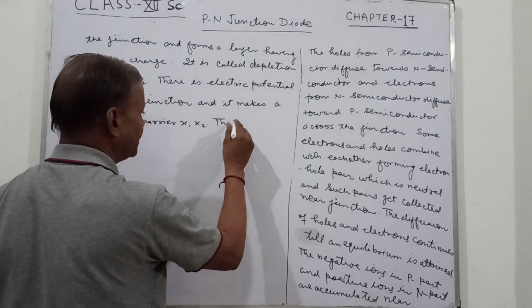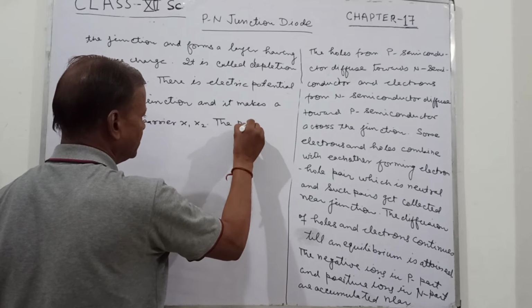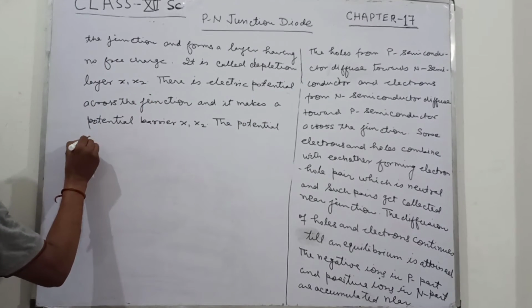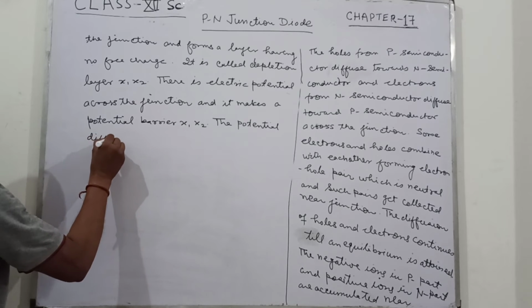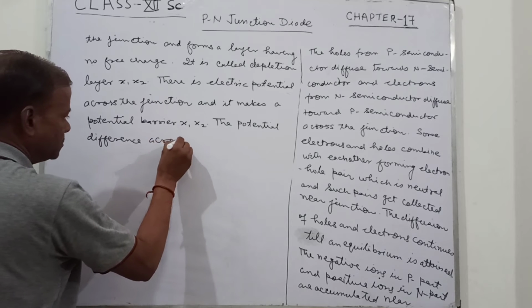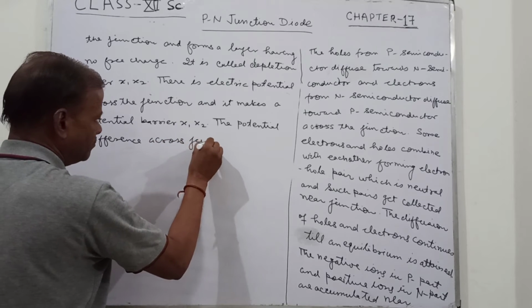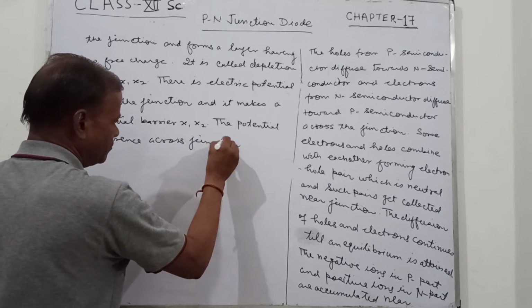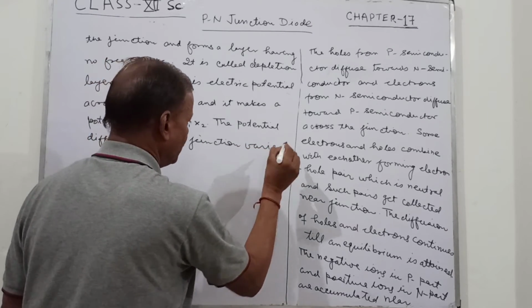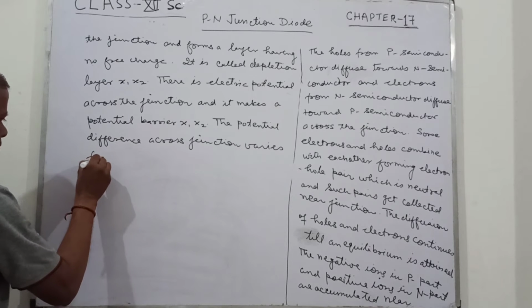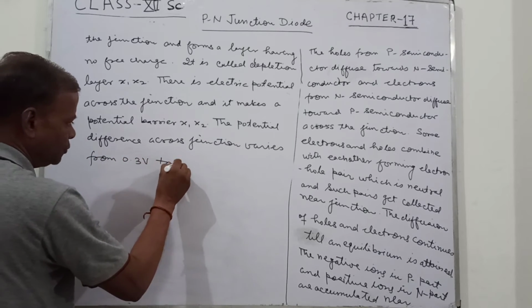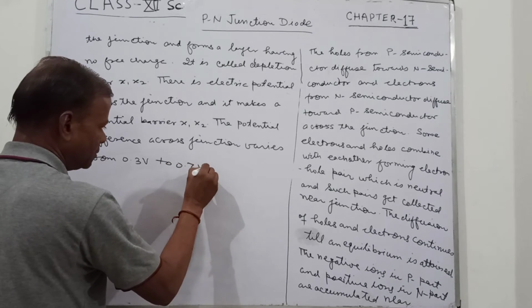The potential difference across the junction varies from 0.3 volt to 0.7 volt.